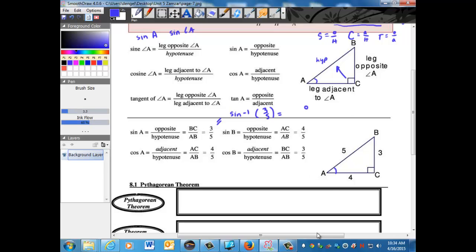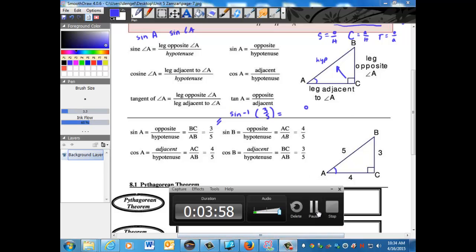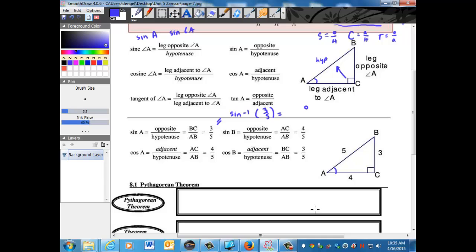And so let me grab a scientific calculator. Alright, so when we enter this into our calculator, we're going to get 36.9 degrees. And so what this allowed me to do was to say, okay, I now know that this angle is 36.9 degrees.